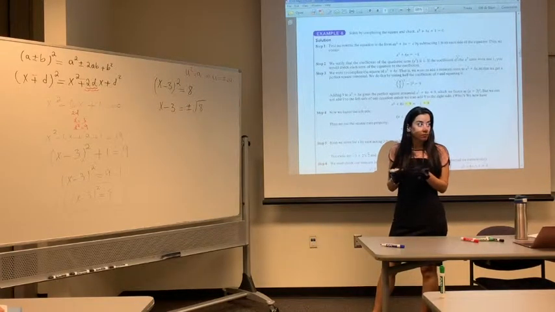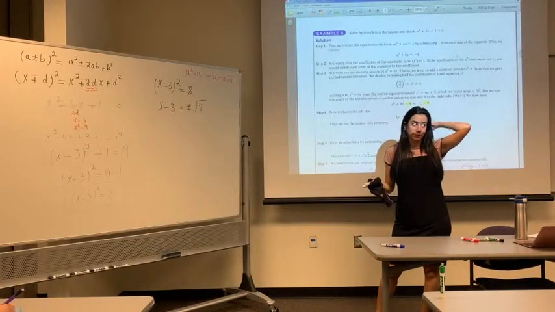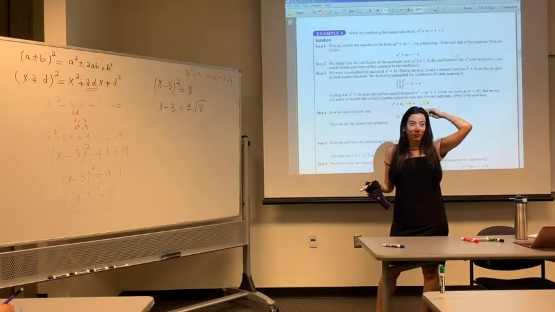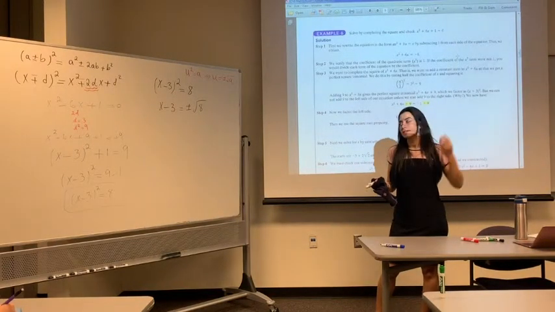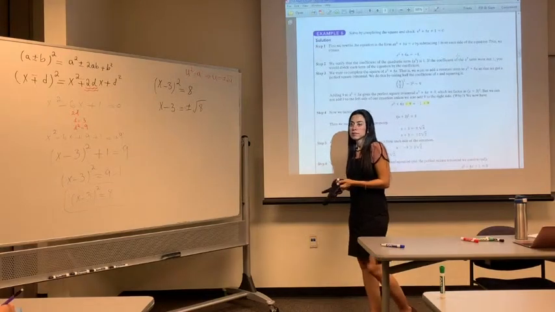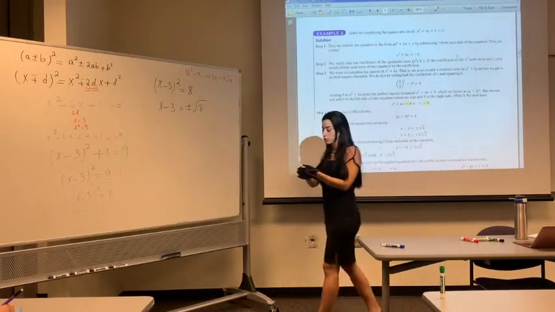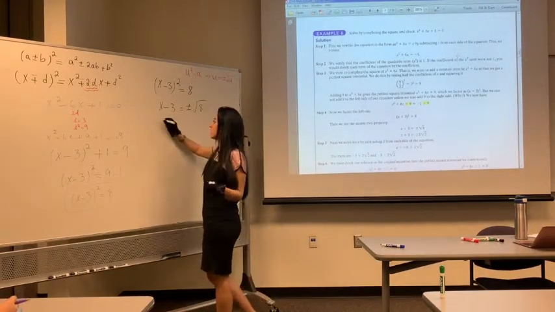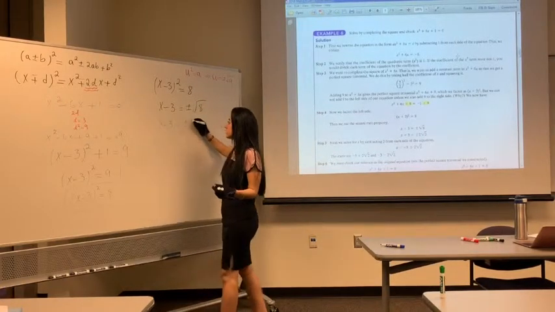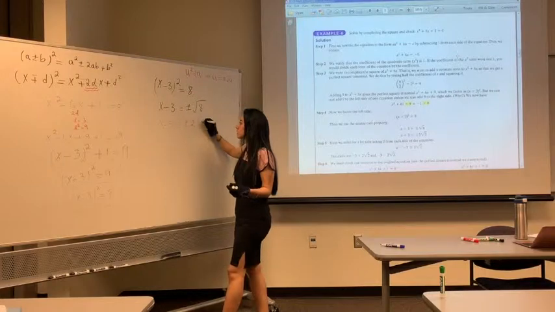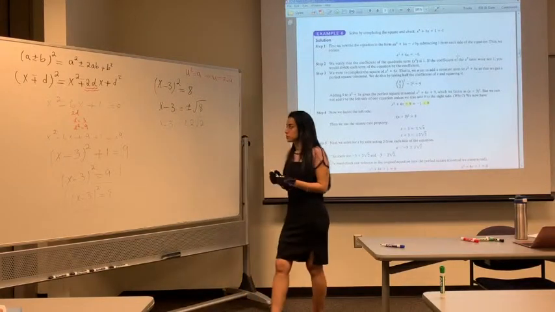Can I just simplify radical 8? Exactly. So what is radical 8? 2 radical 2. Exactly. Correct? Radical 8 is 2 radical 2. So we have x minus 3 equal to positive minus 2 radical 2.